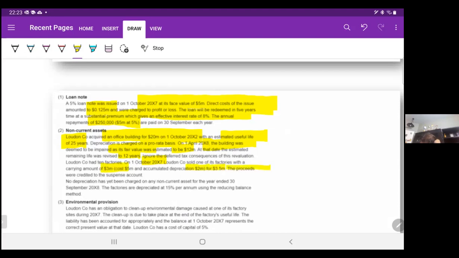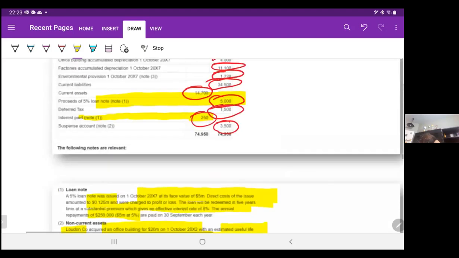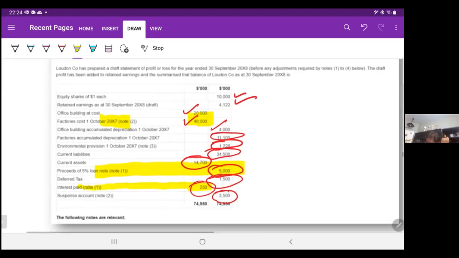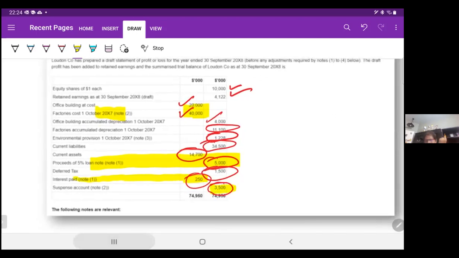The proceeds were credited to the suspense account. In the trial balance: factories cost 1st October 2007, note 2, which is 40,000, building 20,000, suspense account 500, related to note 2 in the trial balance. If you can notice, no. So what do we need to do now?